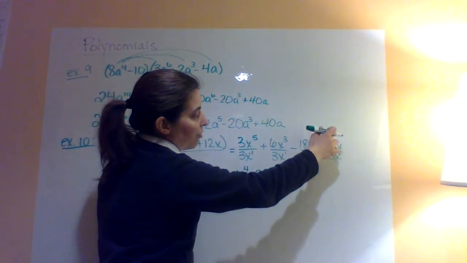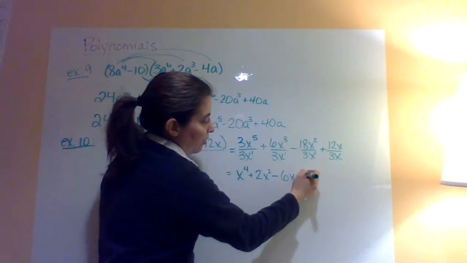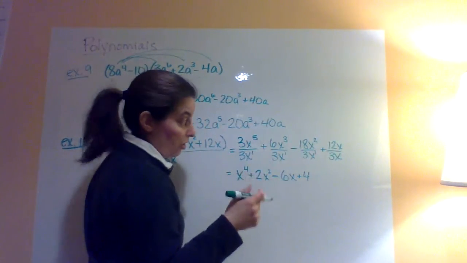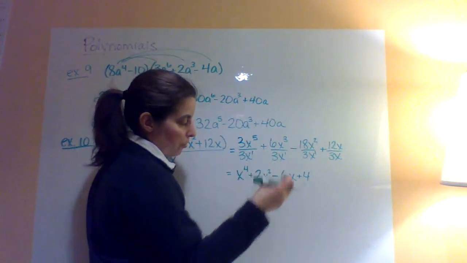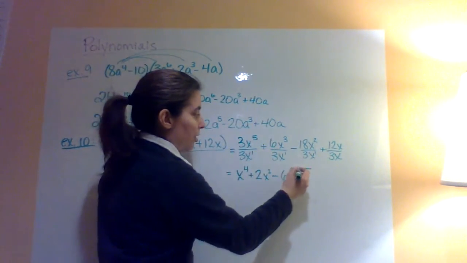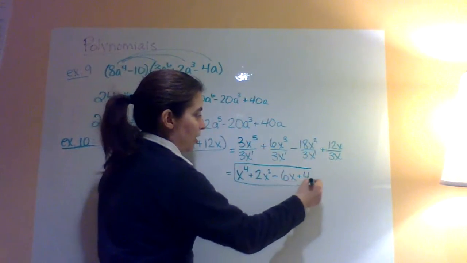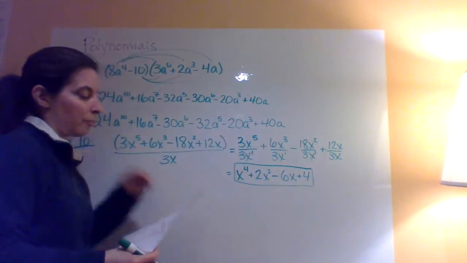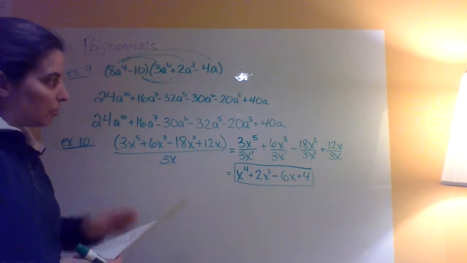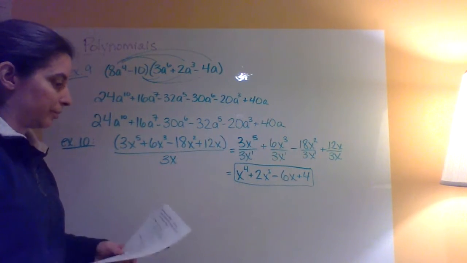And over here, 12 divided by 3 is 4. X divided by x cancels out. Or you can think x to the first over x to the first means x to the 0, which is just going to be 1. So again, this is going to be my answer there. I can't combine those like terms. I'm just going to leave them as 4 separate terms.